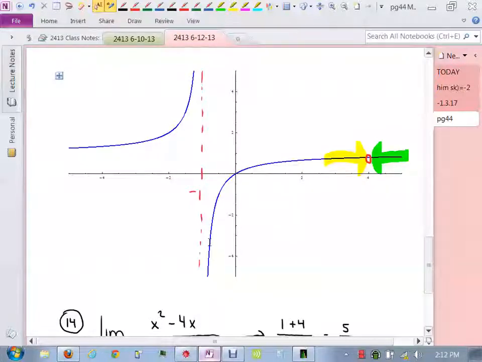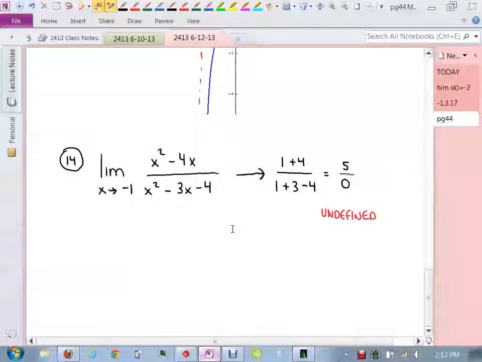Negative infinity, right? So the book says to you at this point, anytime you get a fixed number that's not 0 divided by 0, that it does not exist. That's what the book says.